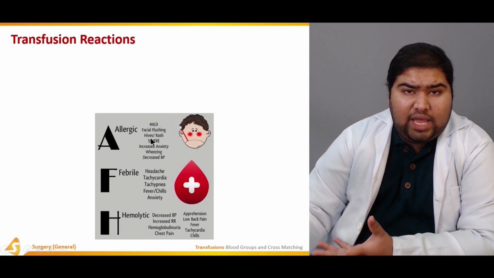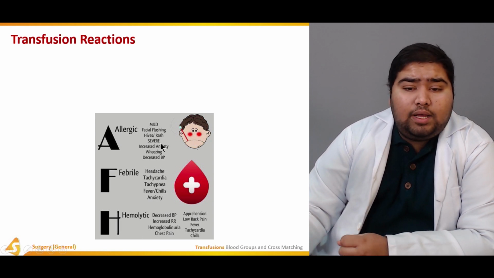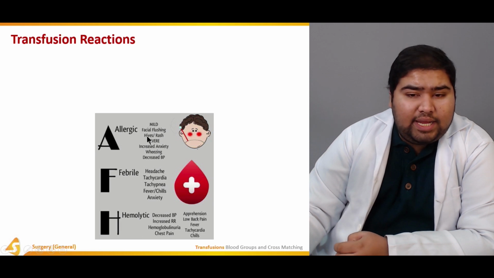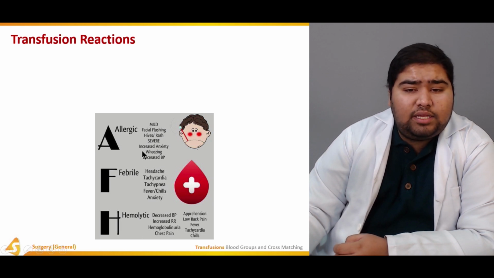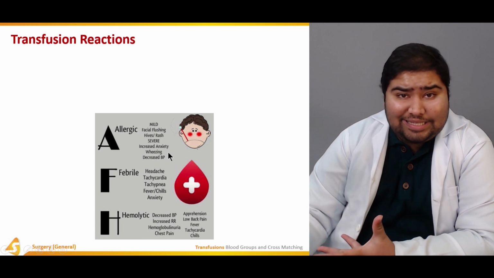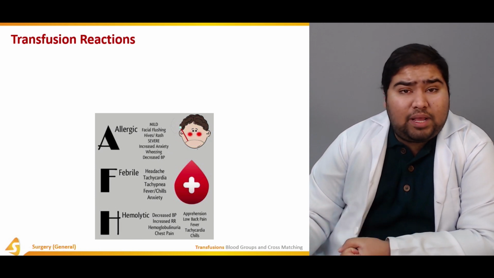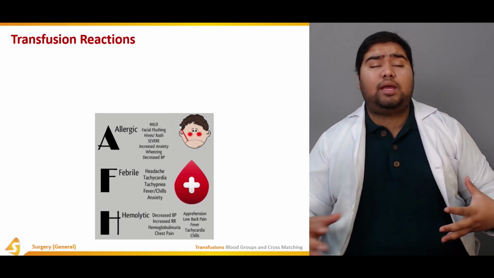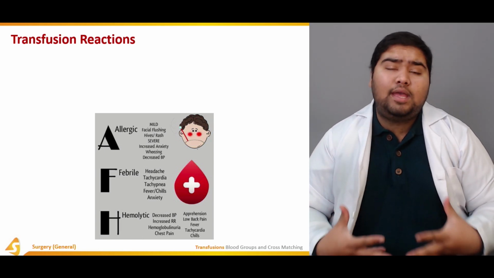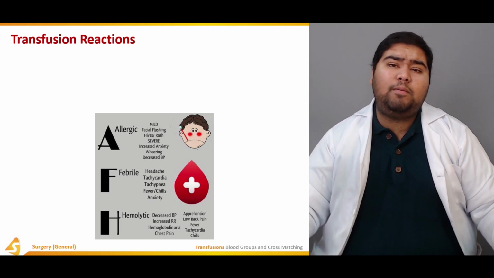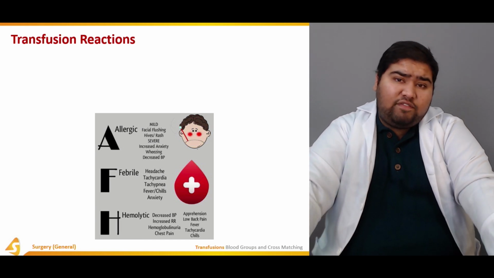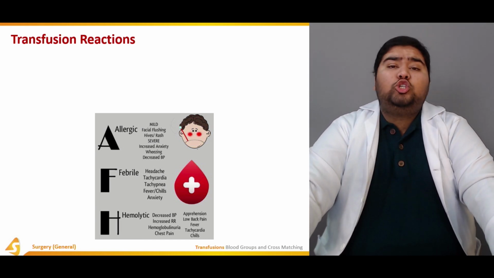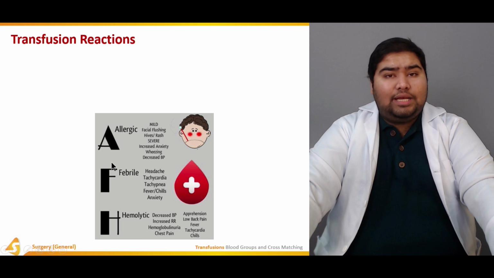We can see hives or rashes. This is a mild allergic reaction. And in a severe allergic reaction, we can see increased anxiety. The patient might become very anxious. There might be extensive wheezing, and there might be a decrease in blood pressure due to extensive vasodilation. So these are the allergic reactions.